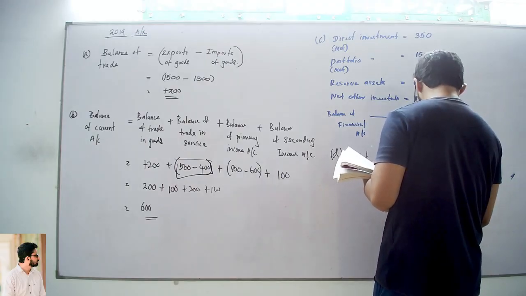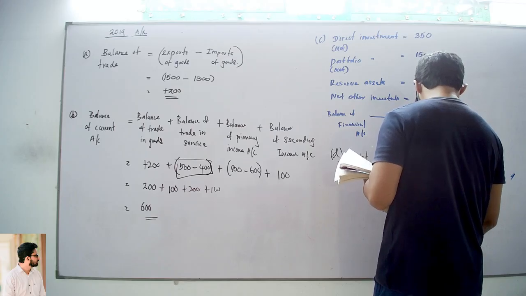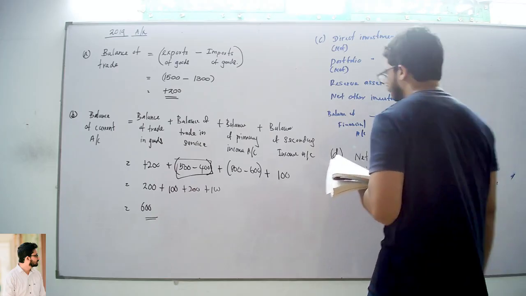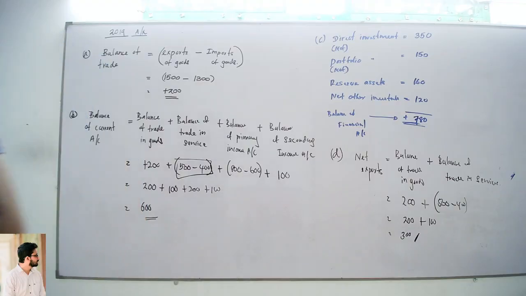Here the value should be 200, here 100, so the net export value should be 300.